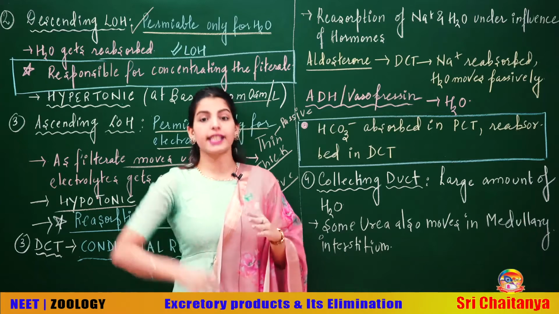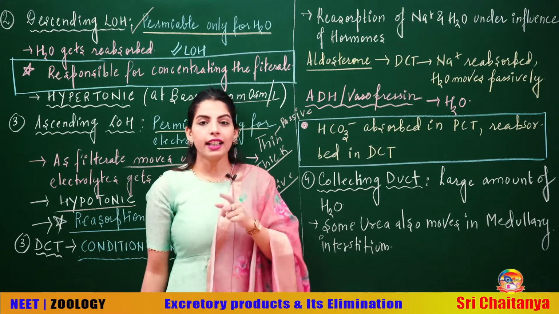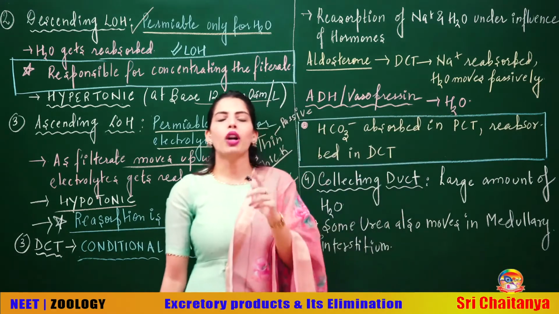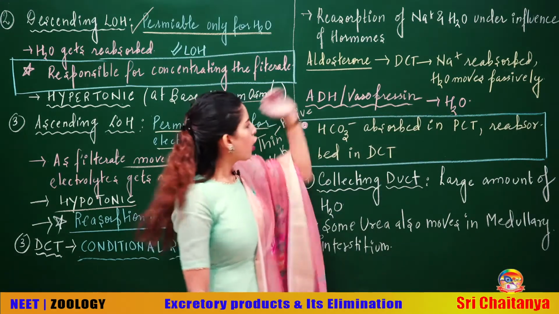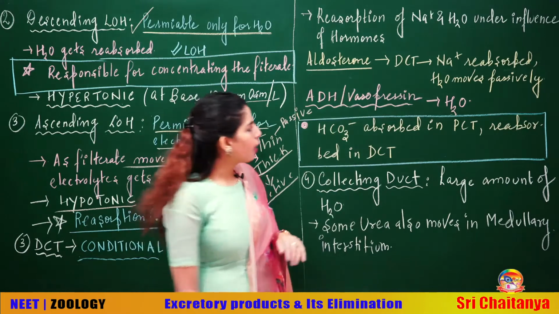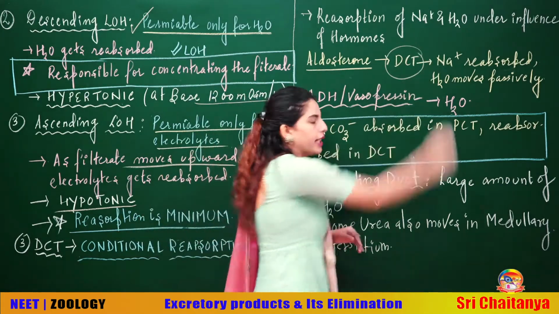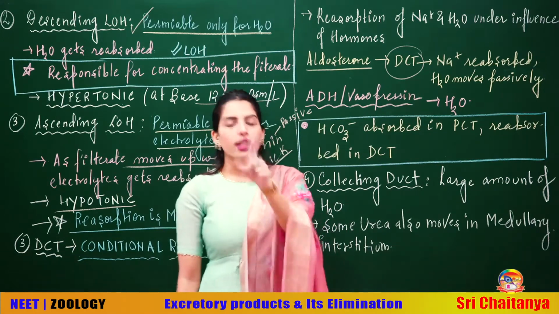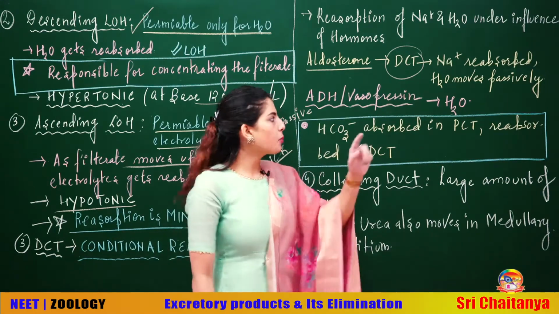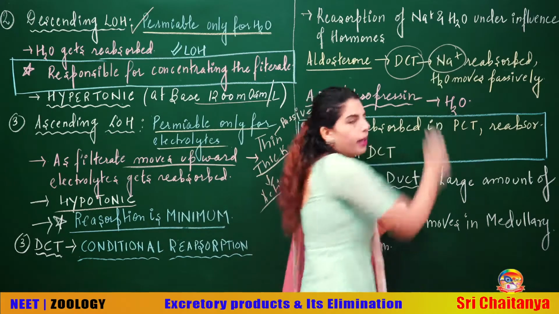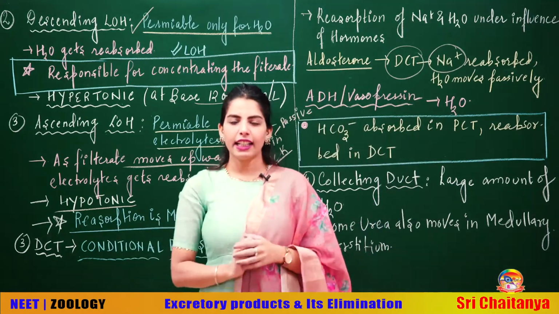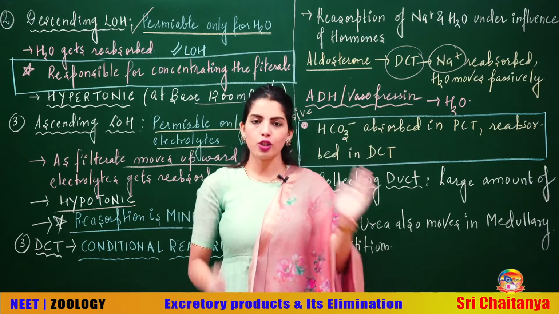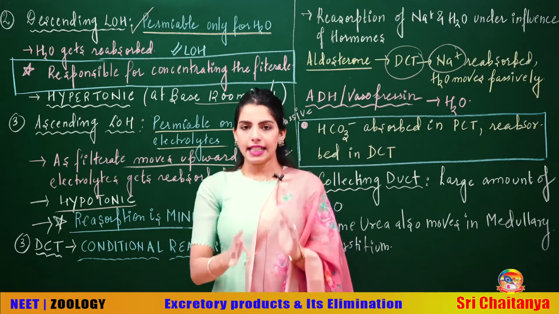When there is an excessive loss of water, that's the condition when your ADH is going to act upon the DCT and water is going to be reabsorbed. Talking about aldosterone, since it is a mineralocorticoid, first of all it is going to reabsorb mineral sodium ions. When the minerals are getting reabsorbed, water is ultimately moving passively. Got it? So conditional reabsorption from DCT.